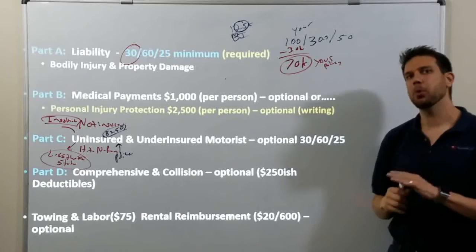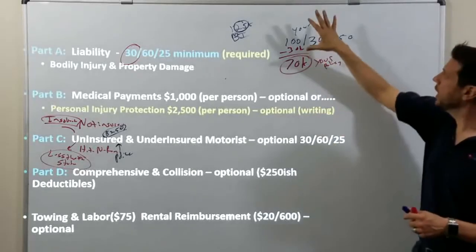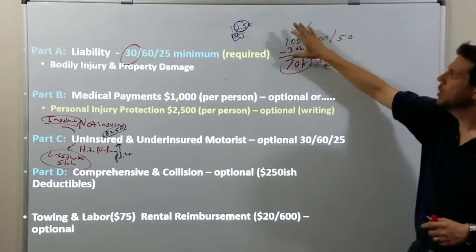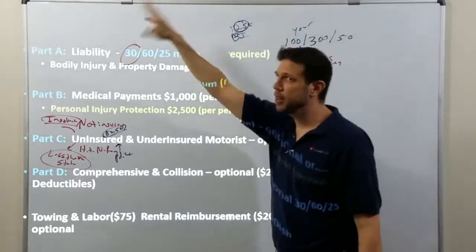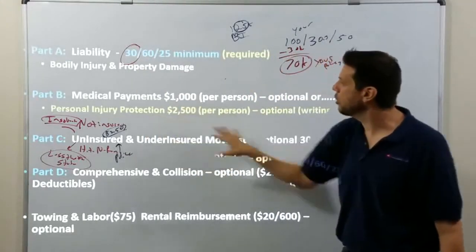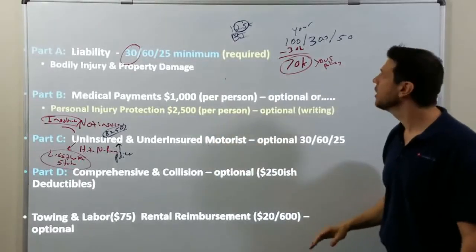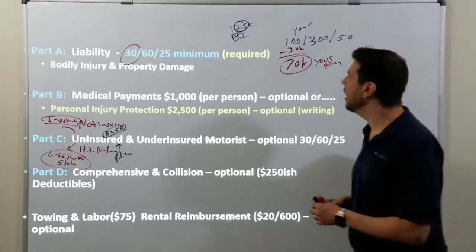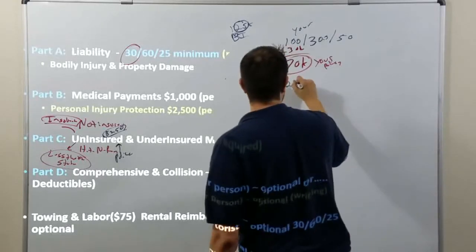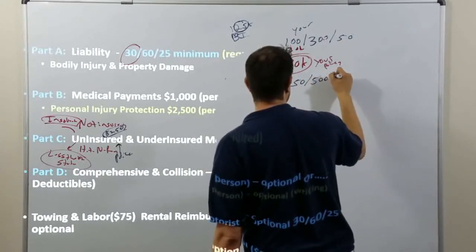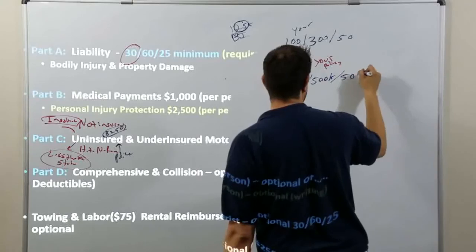It's very important in the real world to carry good limits because not only do they pay the other guy, but they also protect you if somebody hits you and doesn't have enough insurance. Typically today, I wouldn't feel safe with under $250,000, $500,000, $50,000.